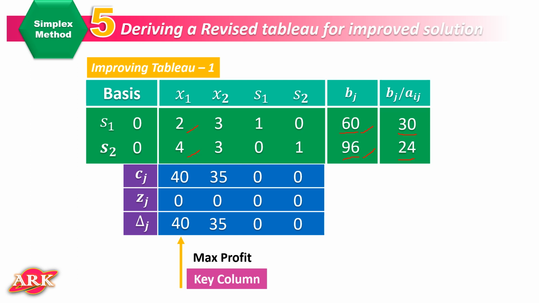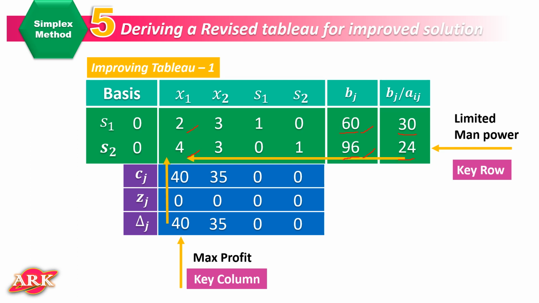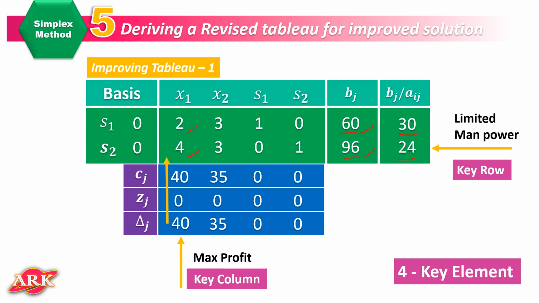But due to limited manpower, we can only produce 24 products per week. So let's select the 24 row as the key row. Now the element which is common to both the key column and key row, let's take it as the key element. Now we have to do the process using this key element in further steps.